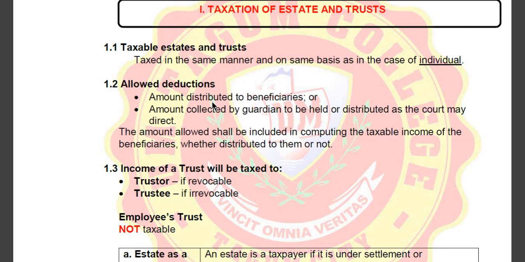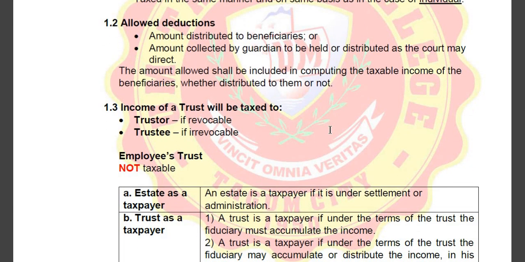Next, amount collected by a guardian to be held or distributed as the court may direct. So whatever amount of the income of the property is distributed to the beneficiary or to the guardian of the beneficiary shall be allowed as deductions to the income subject to tax of estates and trusts.